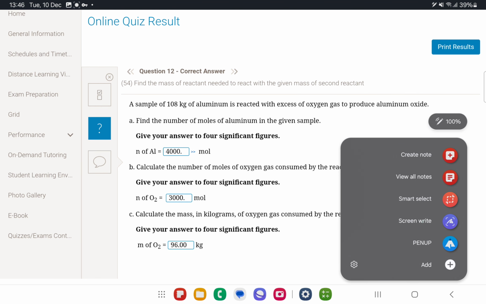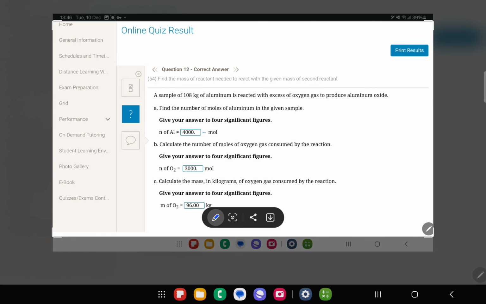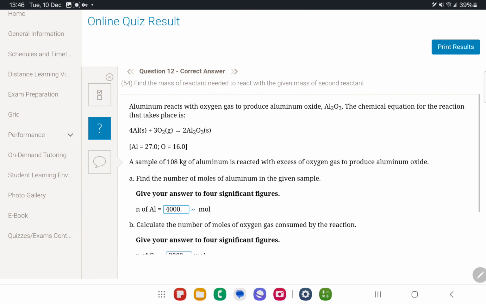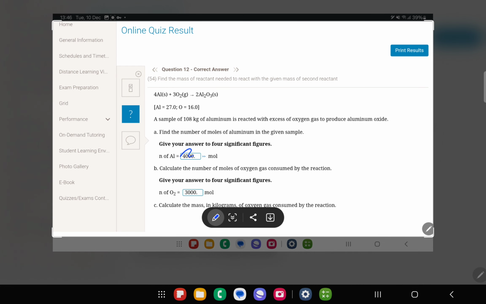Second one. We calculate the number of moles of oxygen gas consumed by a reaction. We can use ratios for this. Okay, so we use ratios. We already have the moles of aluminium, so we put 4 to 3, for oxygen is 3.